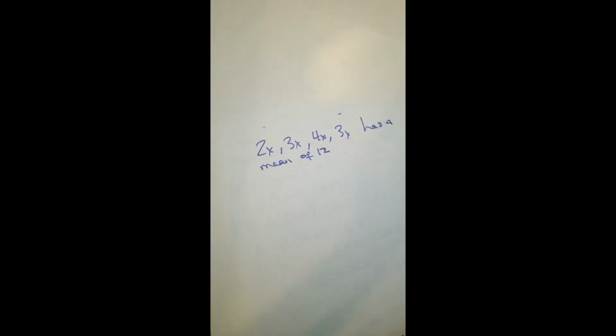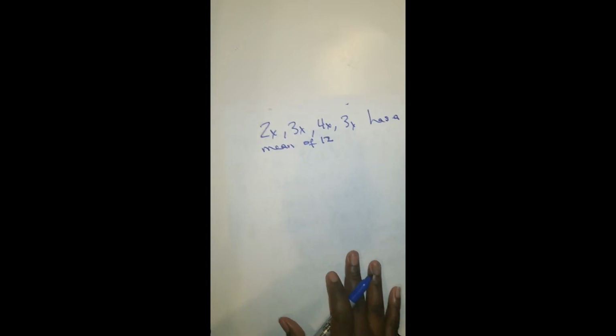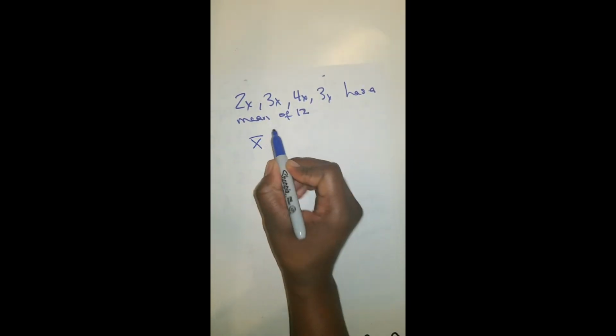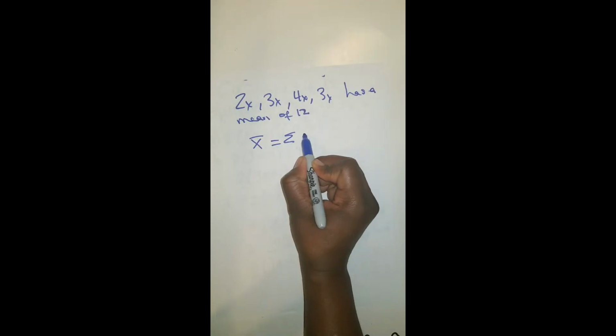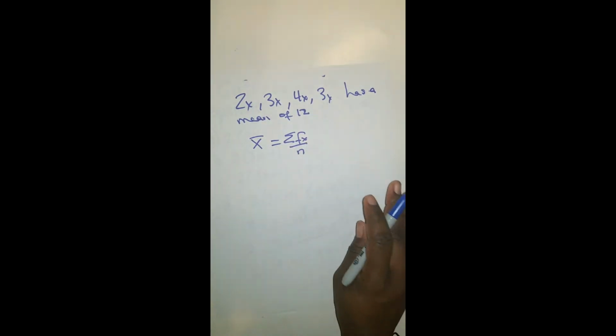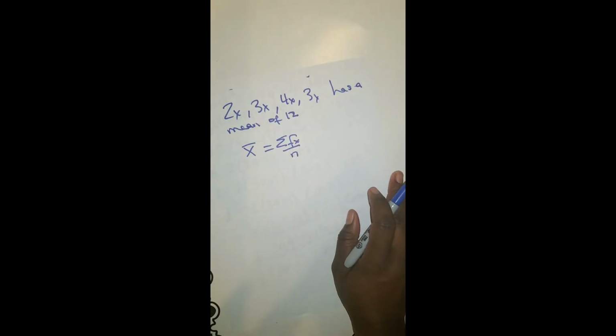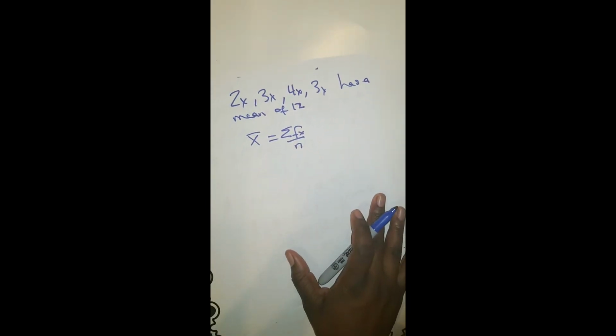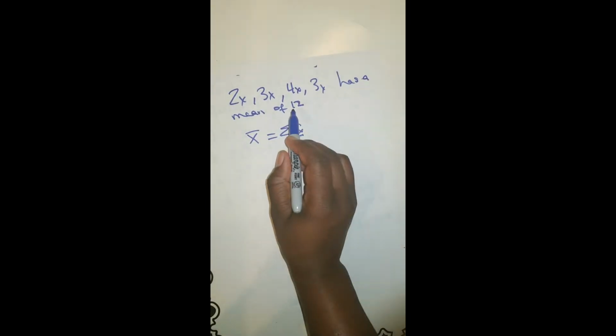Tell me if I'm doing it right. Watch, guys. Has a mean of 12, right? We know that the mean, x bar, is equal to the sum of f of x all over n, or you can say frequency f, whichever you want to use. Okay? So the mean is 12.